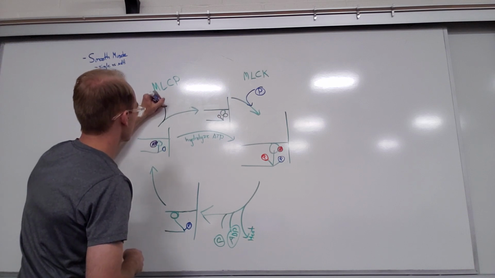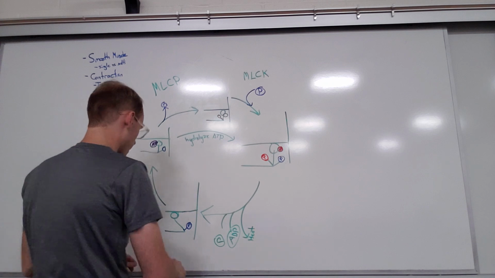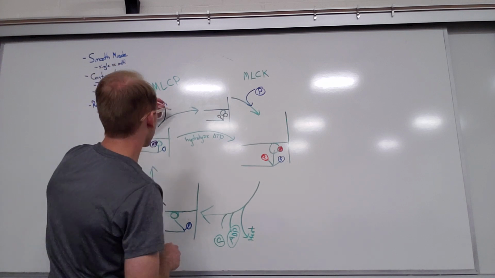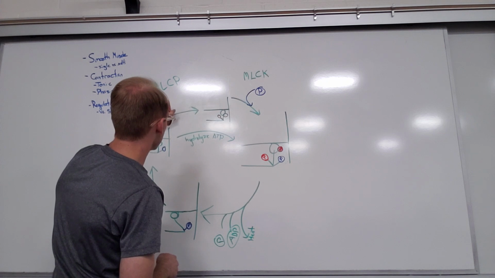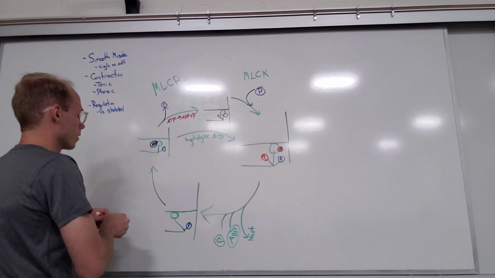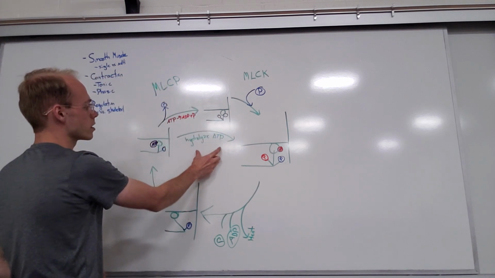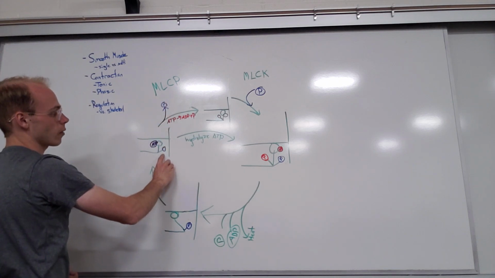So the phosphate goes away, and ATP turns into ADP plus phosphate. So either step we go, it still hydrolyzes the ATP, but in this step, it removes this second one.